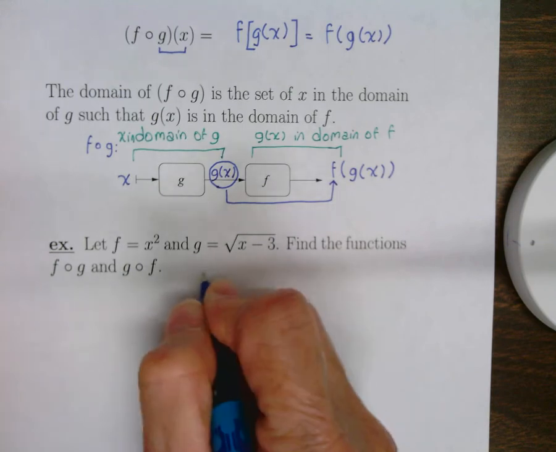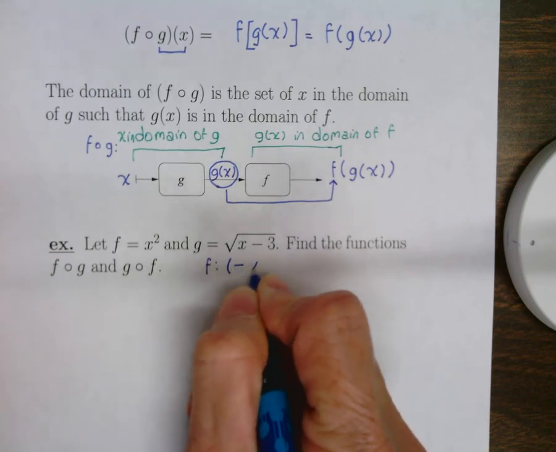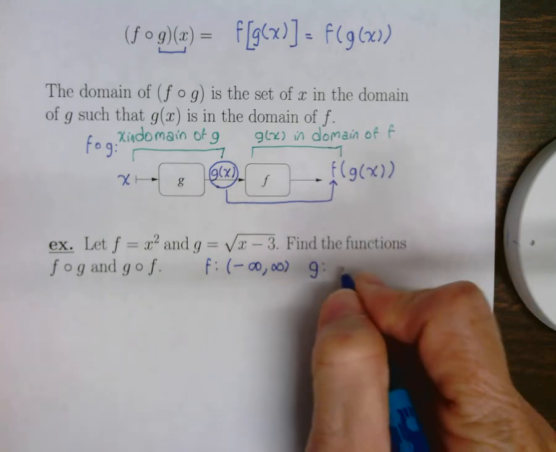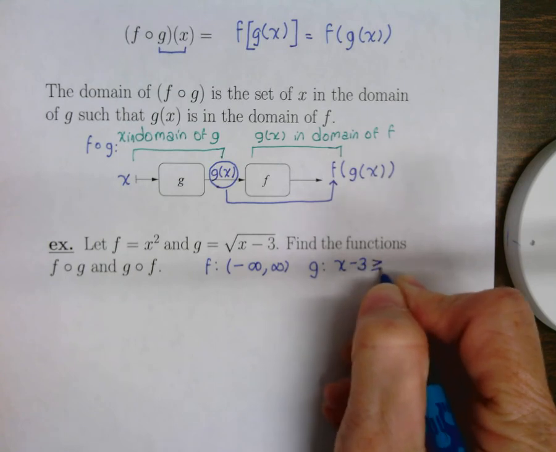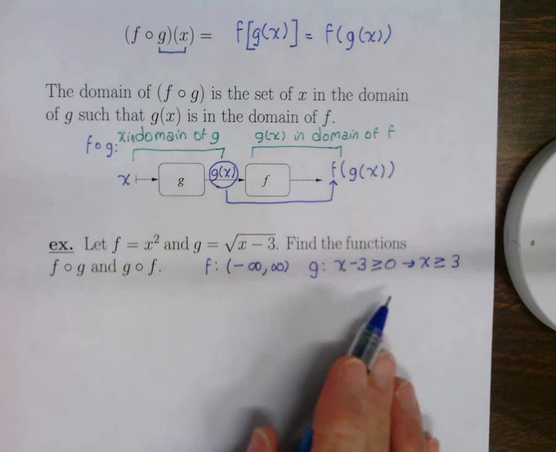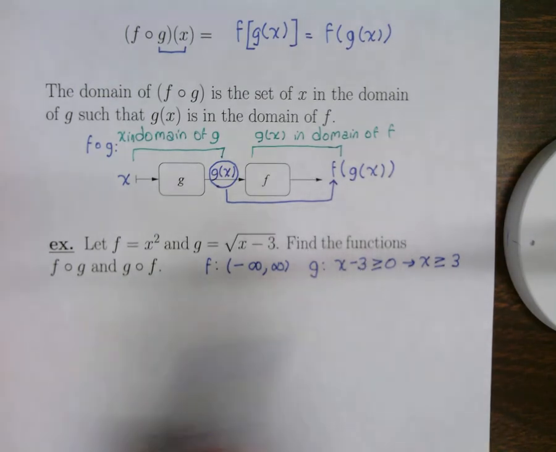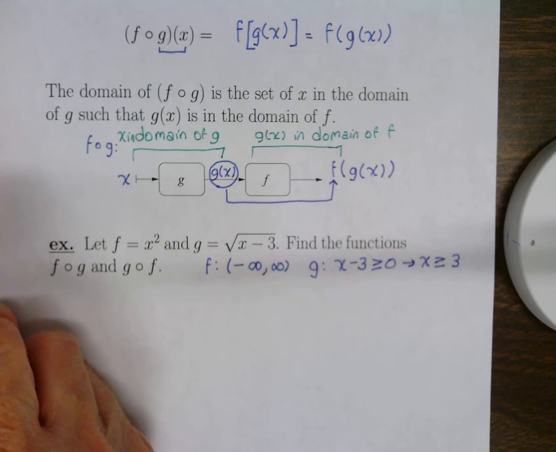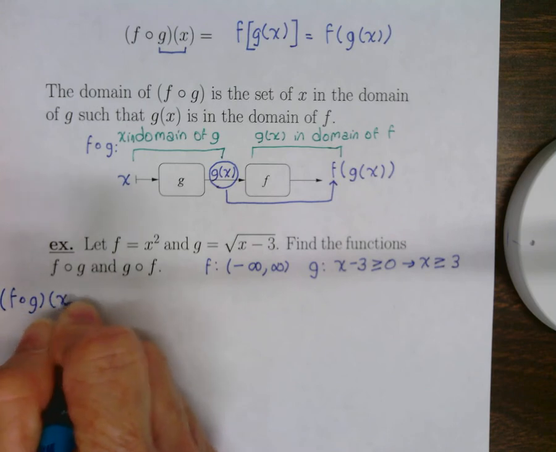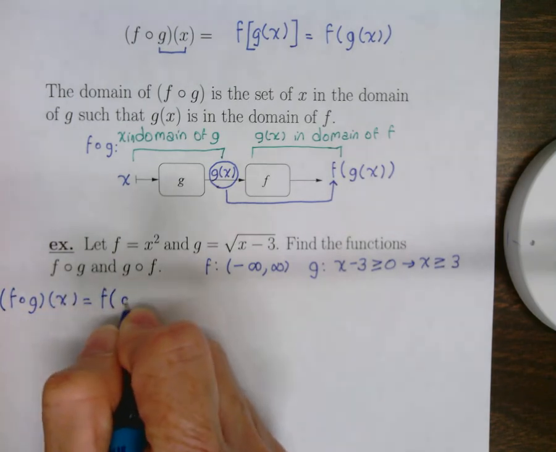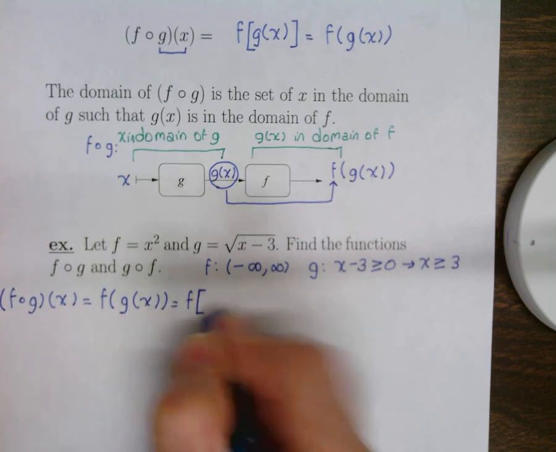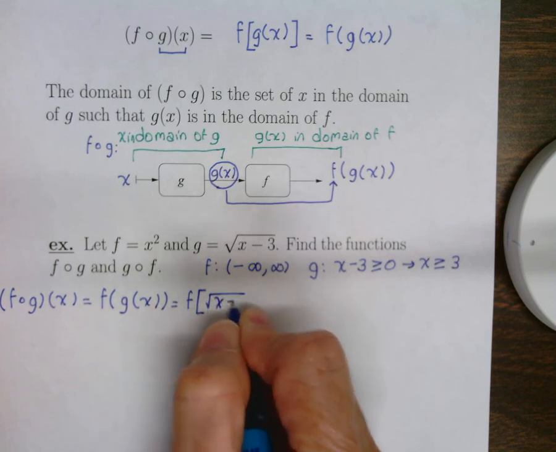f has domain minus infinity to infinity. g has domain where x minus 3 has to be greater than or equal to 0. So those are the domains of the individual functions, and let's see now how it works. First of all, f circle g of x is the same as f of g of x, which is f of the square root of x minus 3.